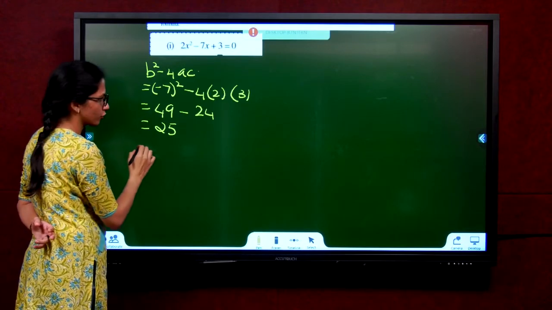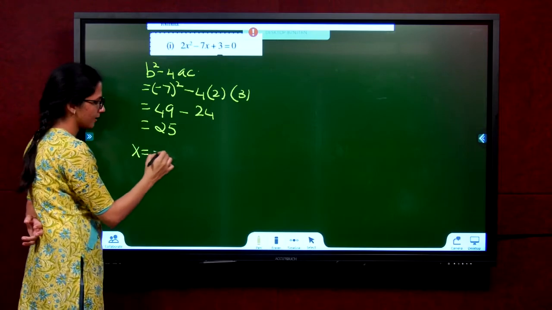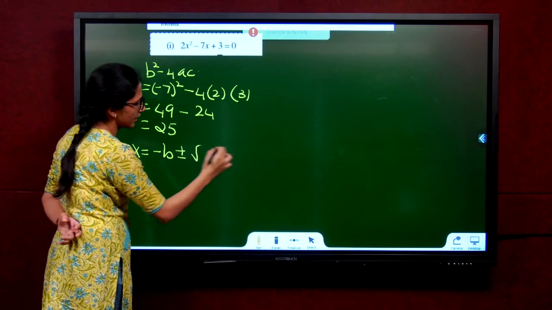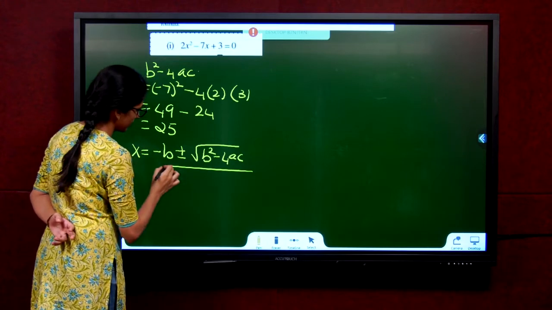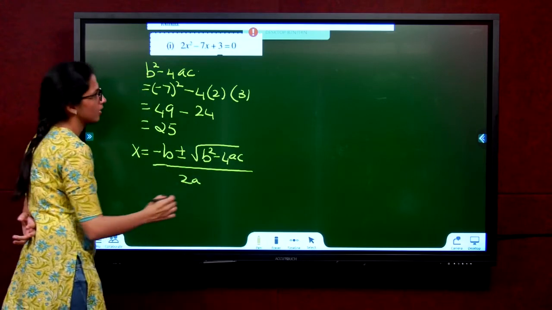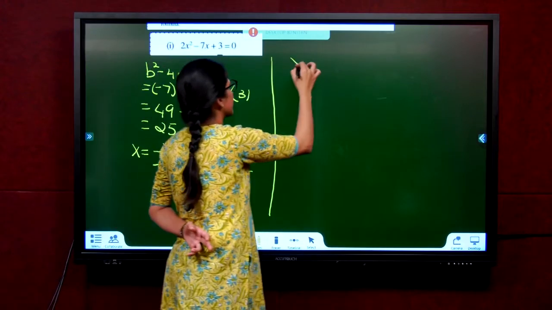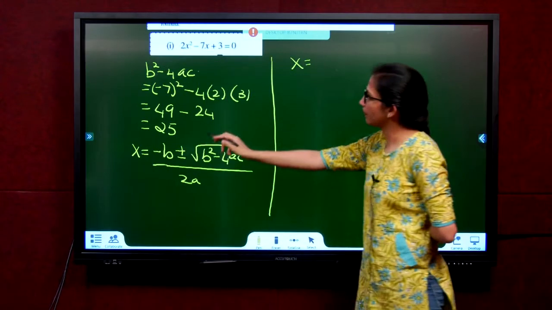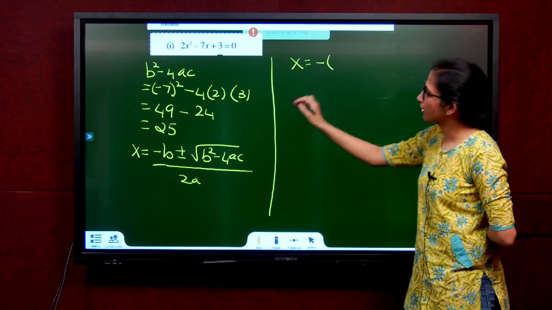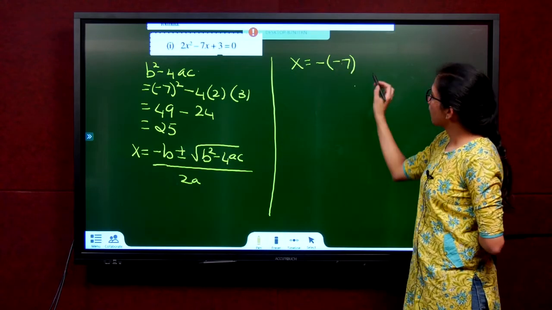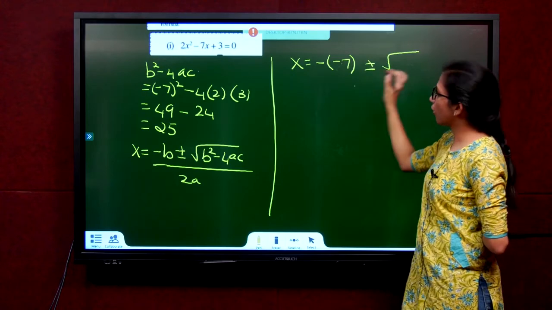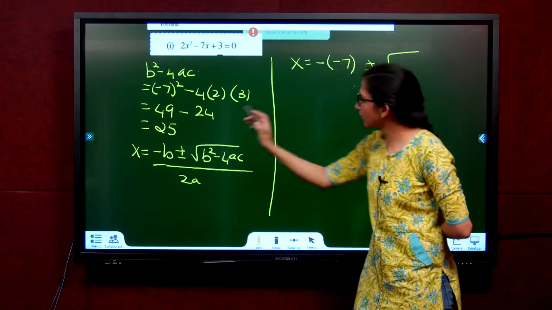Now continue to solve for x. What is x? Minus b plus or minus root of b square minus 4ac by 2a. So x is equal to minus b, minus of b is minus 7. So substituting that, plus or minus root of b square minus 4ac, we got as 25.